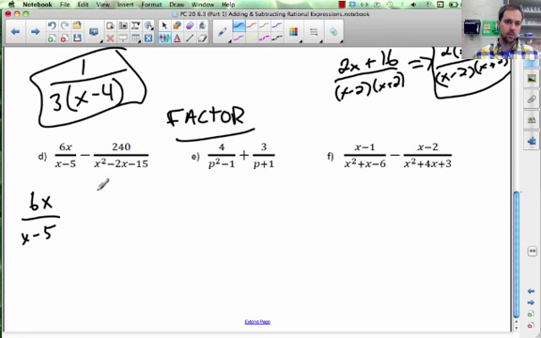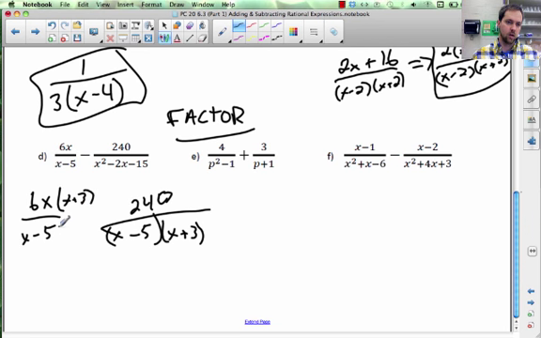Now, the second term, the denominator, can be rewritten as x minus 5 times x plus 3. Alright, so now the only difference between the two denominators is this factor of x plus 3. So we have to multiply this by x plus 3 over x plus 3. Now our denominators are the same and we can start combining these terms.